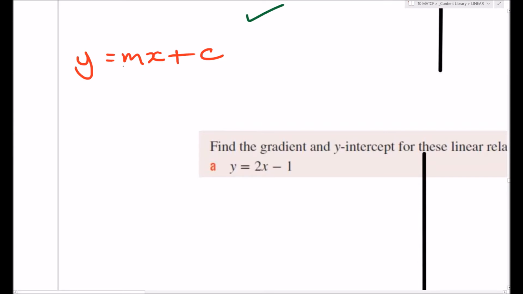In this formula, remember that the m represents the gradient, and remember the gradient is also considered rise over run. You'll see it as rise over run, or as slope as well. And c, in this case, represents your y-intercept.